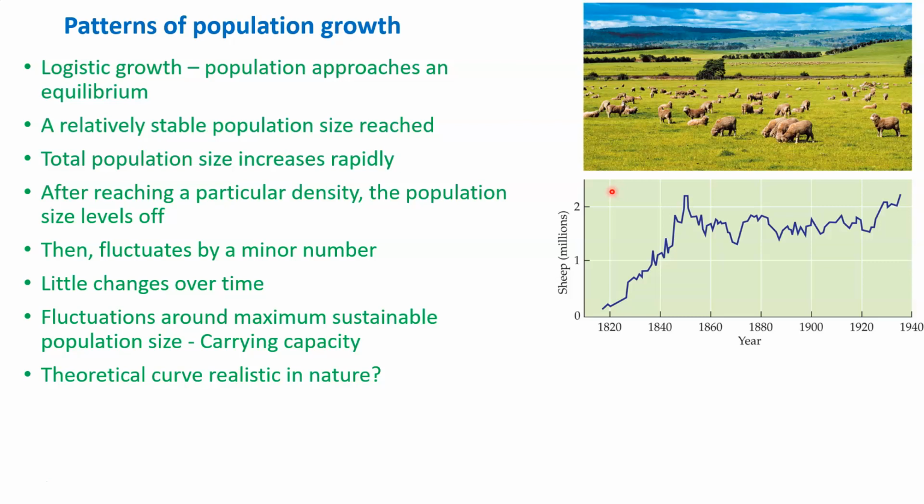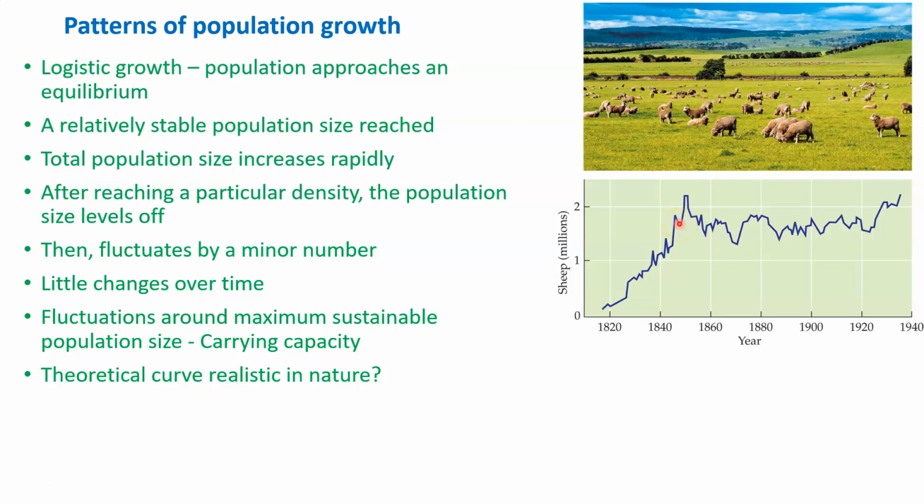We are looking at a particular example here: the sheep populations in Tasmania, right? After sheep were introduced to Tasmania, an island of Australia, we do see some increase at the initial stage, and then some stabilization. But if you look at smaller timescales, we see that the sheep population is not increasing linearly.